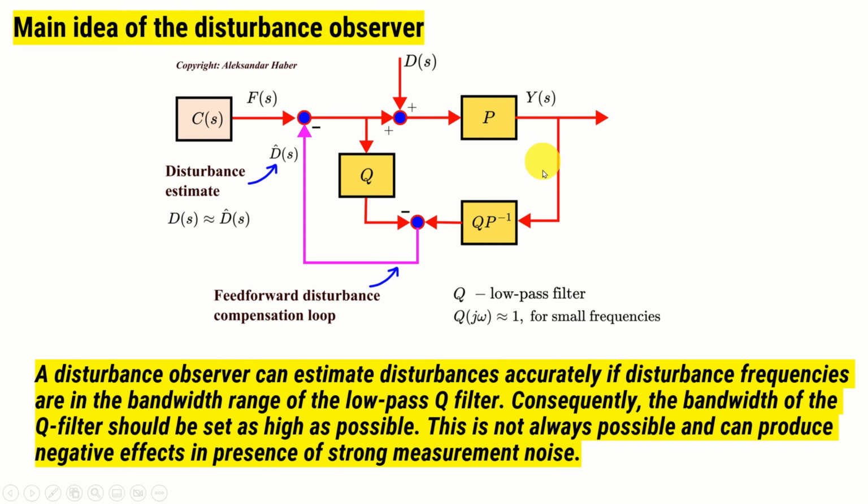Now, if you analyze this loop over here, you will see that this might not always be a good idea. Namely, if you increase the bandwidth of Q, then you will enable the measurement noise over here to propagate inside of your system. Consequently, there is always a trade-off between disturbance suppression and immunity of your system to the measurement noise. In fact, over here you will have to add a filter that will filter the measurement noise.